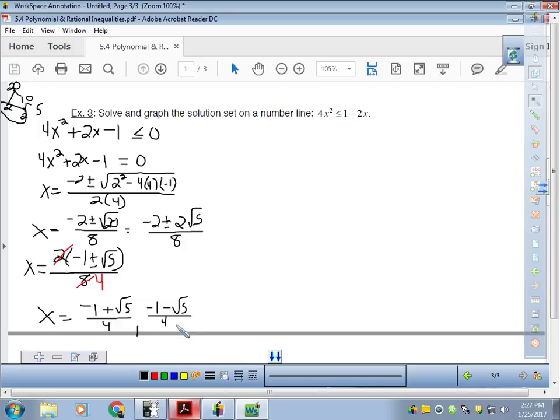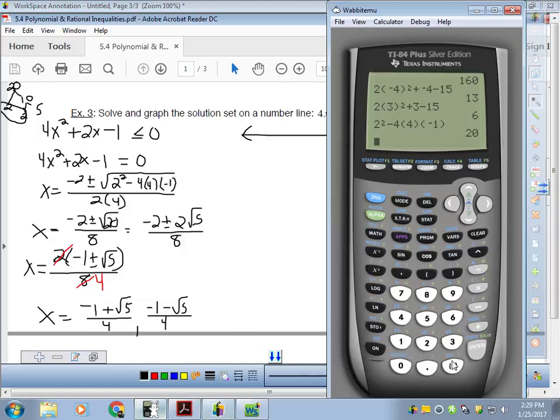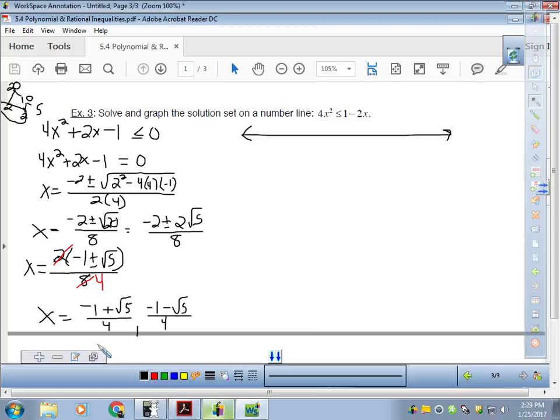Now, they're really ugly boundary points, but they're okay. We'll deal with it. So let's create our number line. We're going to put these boundary points on. I don't know for sure where they are, so I'm going to figure out what numbers these are. So -1 plus the square root of 5, and I'm going to take that answer and divide it by 4. So this is approximately 0.3.